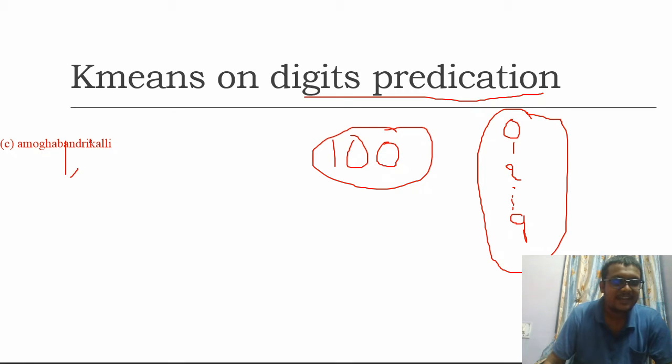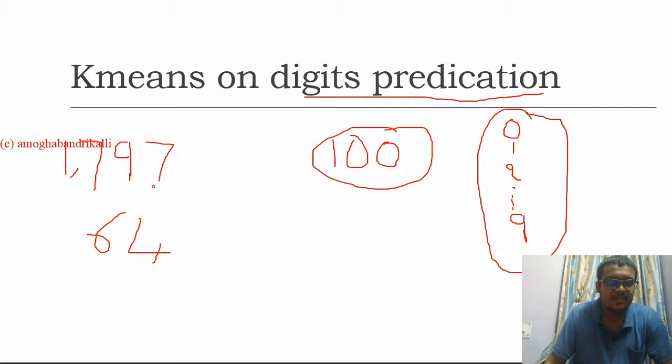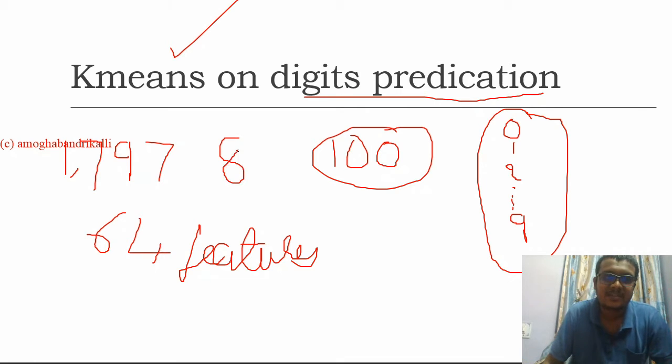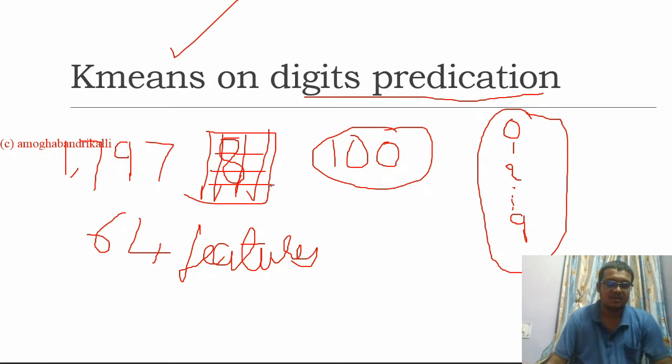We have a data set which has 1797 samples. For each sample, that is for each digit, we are going to take 64 features. Without any labels, Kmeans is going to make a prediction based on the neighborhood values. Neighborhood means it will divide this image into respective rows and columns.